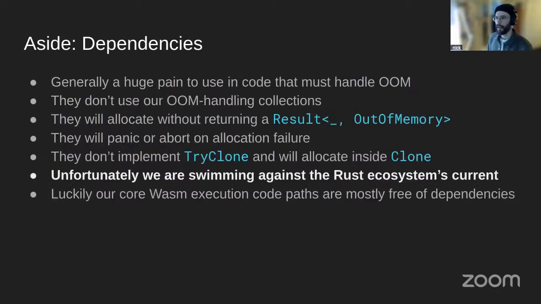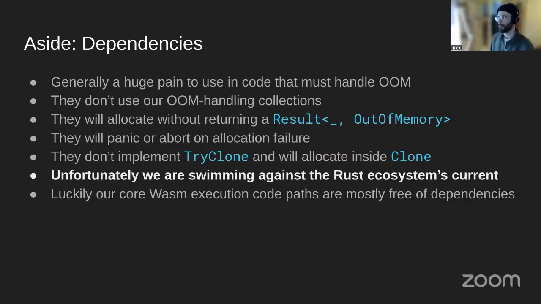A little bit of a side on dependencies. Generally, they're a huge pain to use in code that must handle OOM because they don't use our OOM handling collections. They use the standard library collections, which will allocate without returning an out-of-memory result, that will panic or abort on failure. In general, they don't implement try_clone.